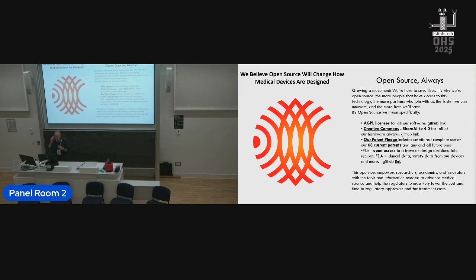We've committed to being open source always. Our software is AGPL licensed, and all of the hardware is under a Creative Commons license. We do have patents, but we've made a pledge to share all of those, so we give people unfettered access to use our patents.